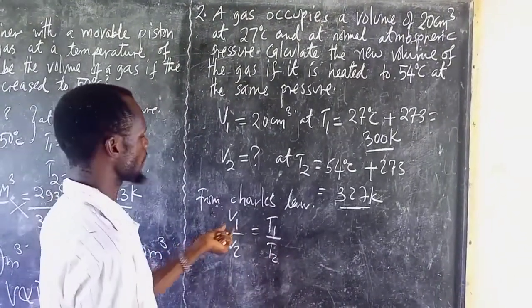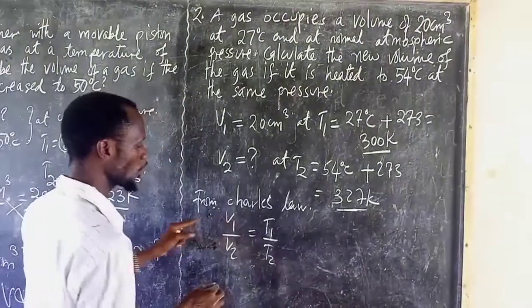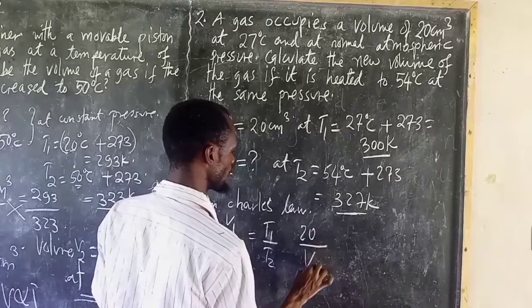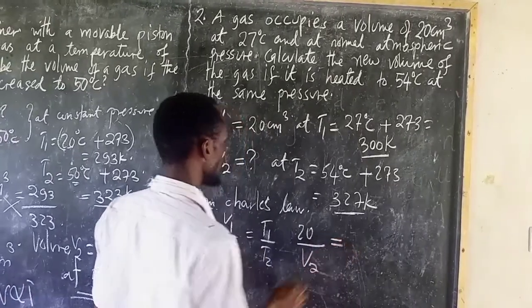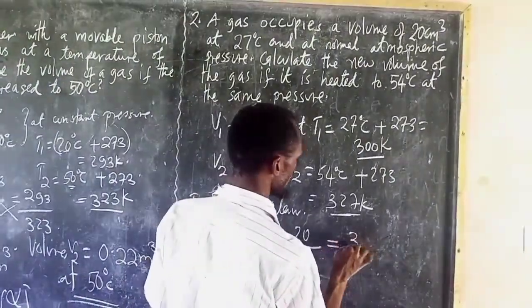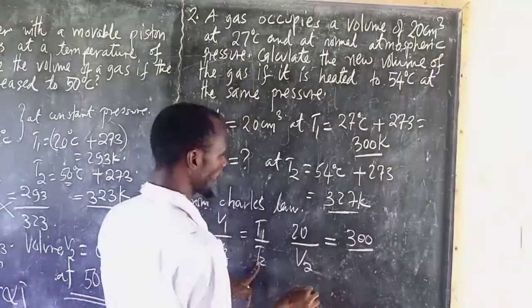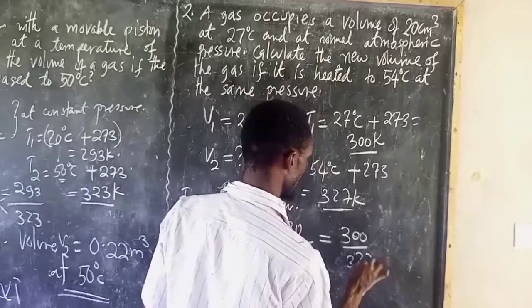Remember we have to substitute what we've been given. The first volume is 20 over the second volume, which is unknown, is equal to the first temperature 300 over the second temperature 327.